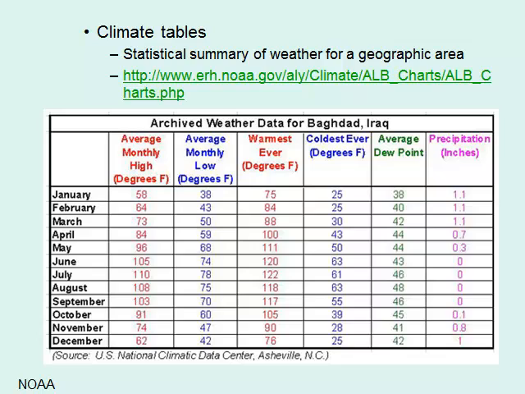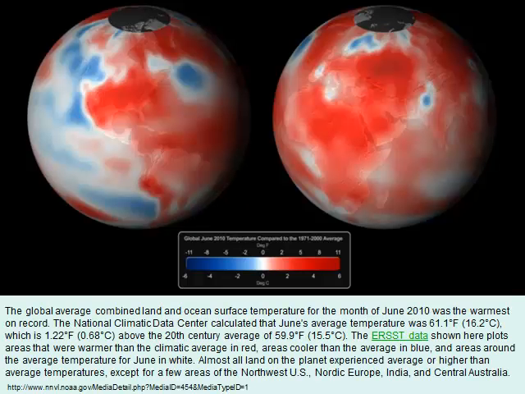We can also take that data and plot it on a map. This is a great website to visit. I have a link to it on the course page. This basically shows you the globe and what the global June 2010 temperature was compared to the 1971 to 2000 average.